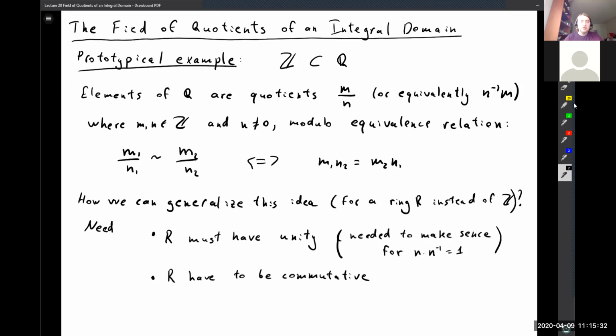We need it to be commutative precisely because otherwise, if you look at the product of two fractions, let's say n1 inverse m1 multiplied by n2 inverse m2, it is not necessarily of the form n inverse m in general.